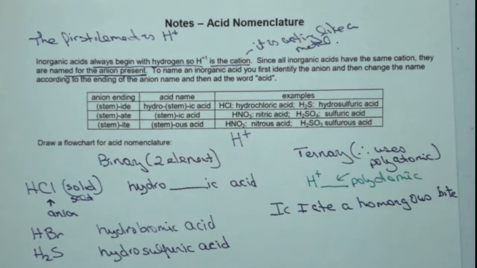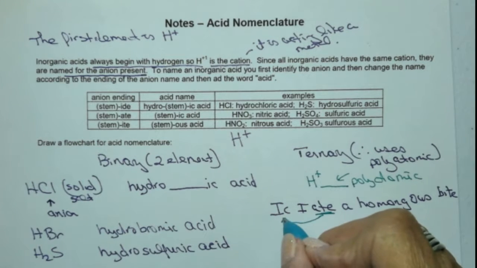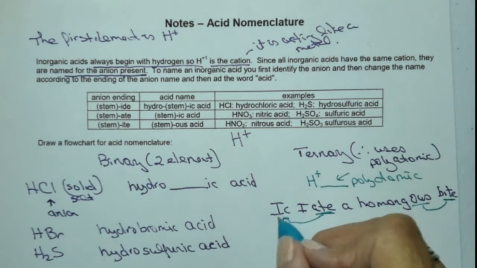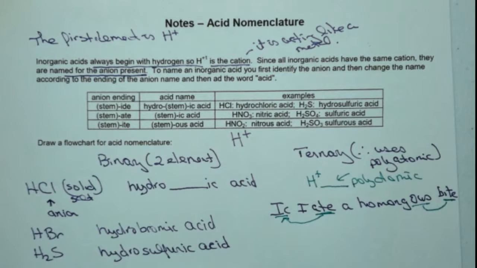What this means is if the polyatomic ends in "ate," I change it to "ic." If it ends in "ite," I change it to "ous." So I have two scenarios. If I have the stem plus "ate," I write the stem of the polyatomic, add the suffix "ic," and put acid.